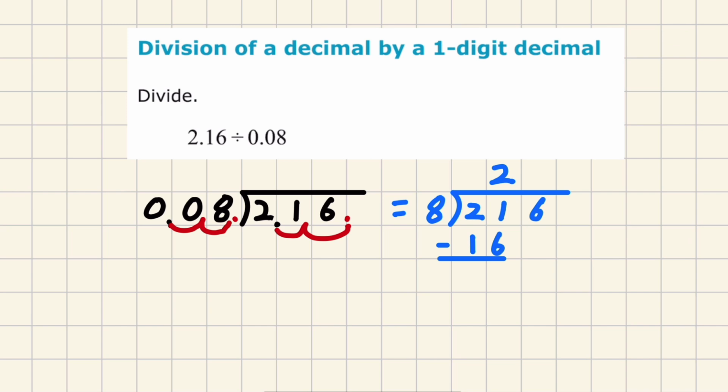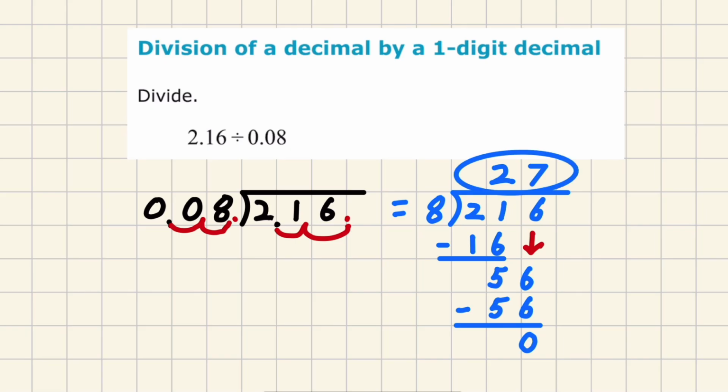Subtracting the 16, 21 minus 16 is 5, bringing down the next digit, which is 6. 8 now goes into 56 7 times. 7 times 8 is exactly 56. So subtracting gives us 0. So doing this division, our solution is exactly 27.